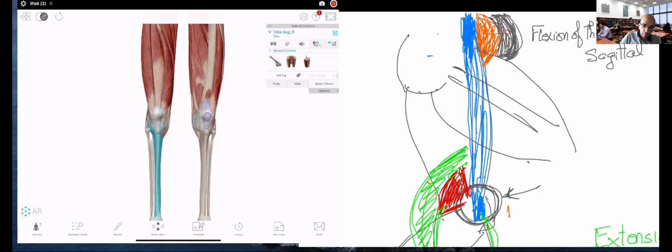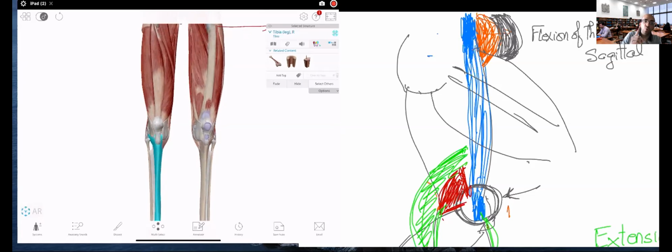So all four muscles of the quadriceps are going to share one action, which is knee extension. Only one action is shared by all four muscles of the quadriceps femoris. All four are allowing knee extension.